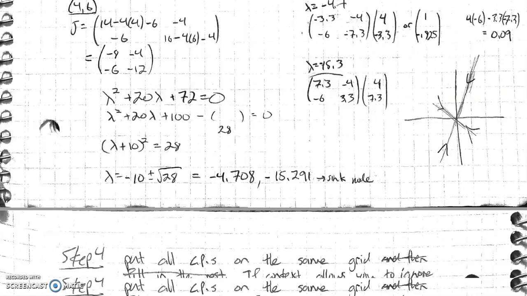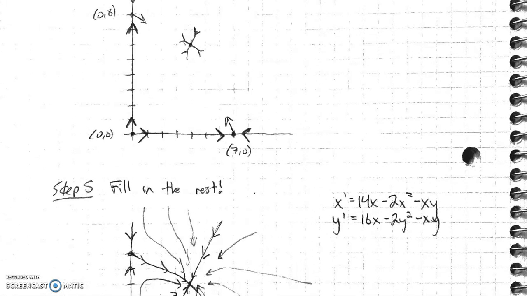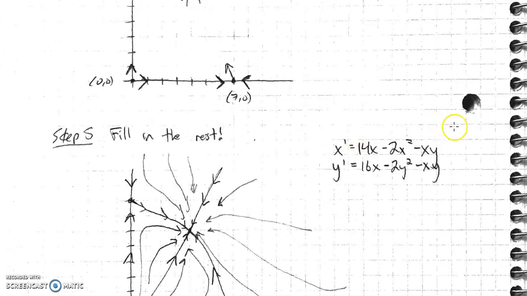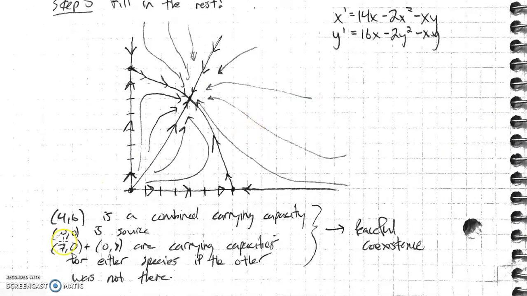If I make y equal to 0, then I am only on the x-axis. If I start left of that 7 with a population of x that's below 7, what happens? It creeps up until it hits this 7, and that's the carrying capacity.